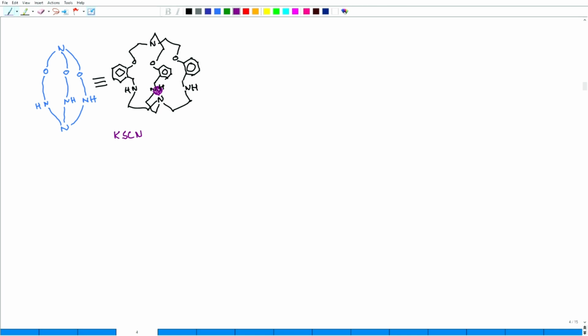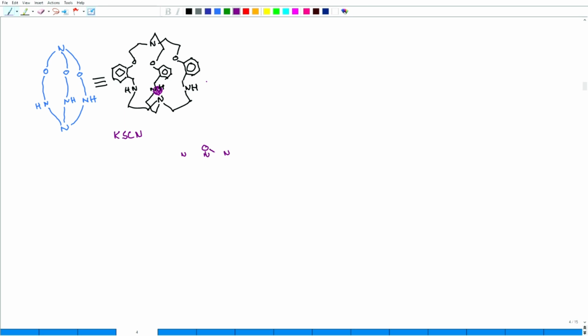Now, perchlorate should be here outside. If I put potassium thiocyanate, thiocyanate again goes, because the geometry is something like this. If I write these 3 nitrogens and this fourth one, then the metal sits above this.